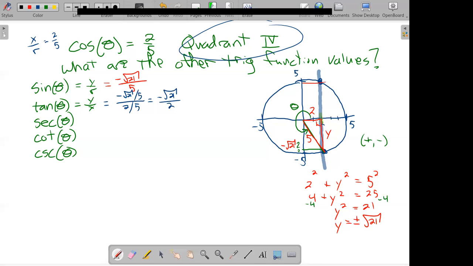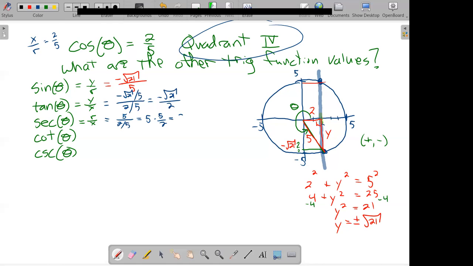Secant, what is the secant? The secant is the reciprocal of the cosine, so that would be r over x. And that's something you just have to know or look up. In this case r is 5, x is 2/5. If I divide by a fraction, that means multiply by the reciprocal, 5/2.